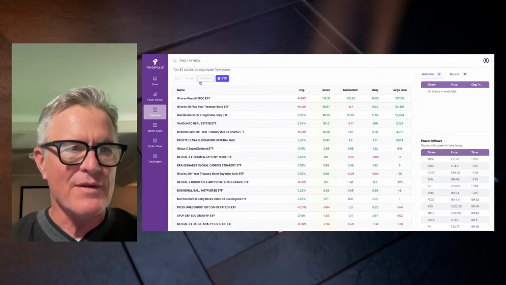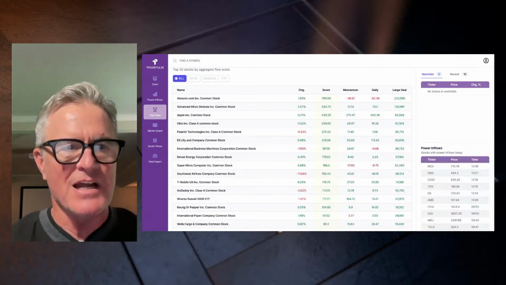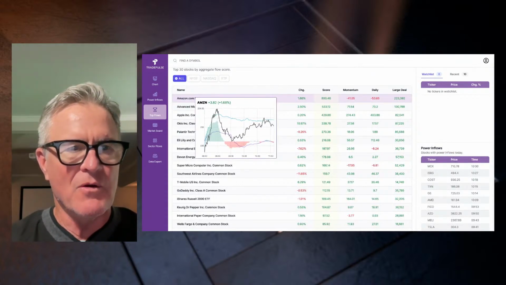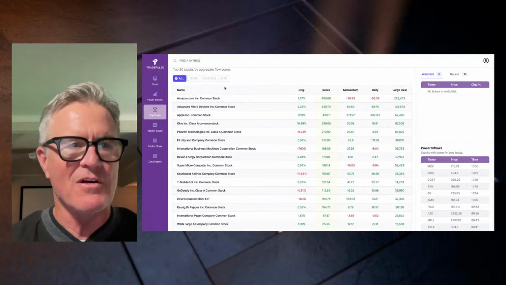So it's whatever you're focused on, you can look at. It's going to give you the 30 best performers. So we got the 30 best performers on any individual stock. So Amazon is getting the best order flow analytics right now. It's up 1.5% or so far on the day.